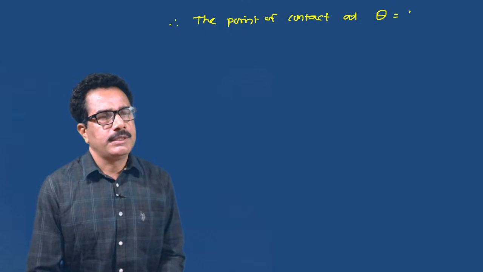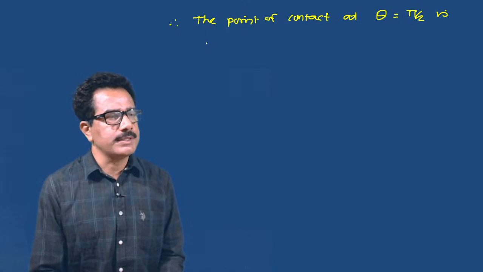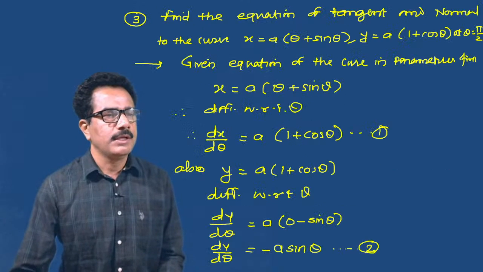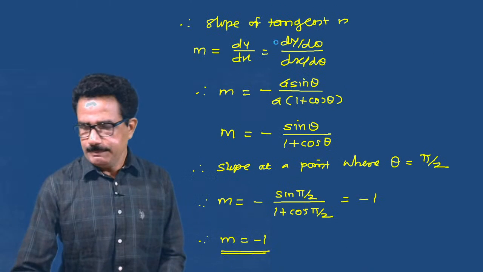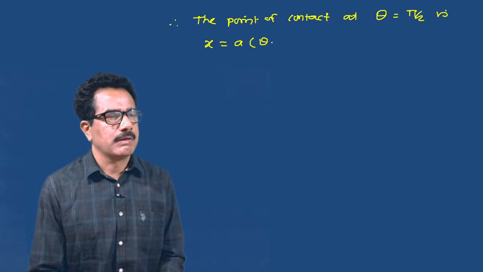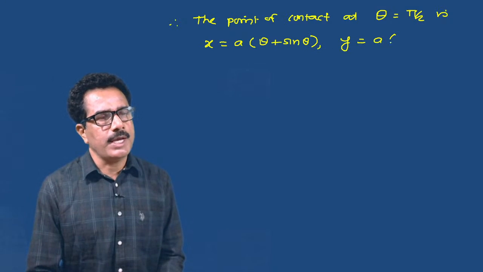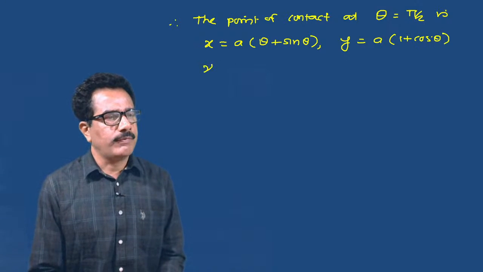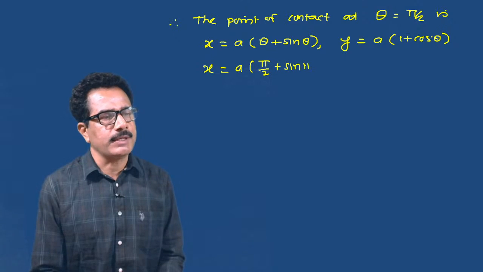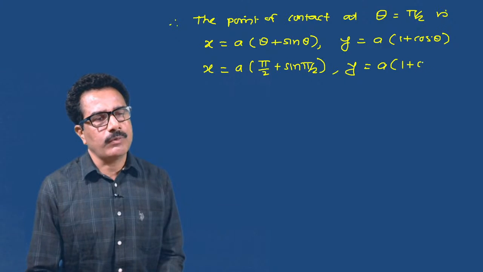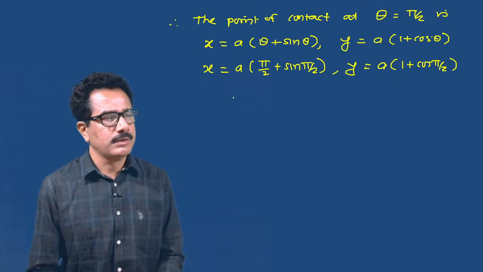at theta is equals to pi by 2, is x is equals to a in a bracket theta plus sin theta, comma y is equals to a in a bracket 1 plus cos theta. Therefore, x is equals to a in a bracket pi by 2 plus sin pi by 2, y is equals to a in a bracket 1 plus cos pi by 2.